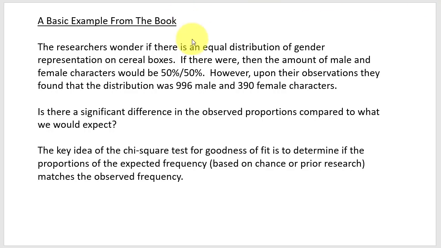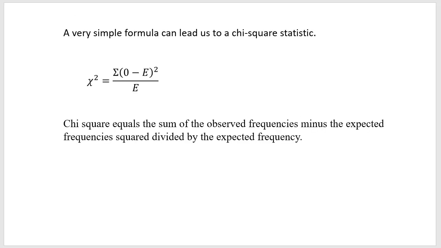Let's take a look at a pretty simple formula. This simple formula is going to tell us if we have an equal distribution or at least a non-significantly different proportion of people, in our case, genders, on cereal boxes, but we want to know in general if there is a significantly different proportion of observed and expected frequencies in a distribution.